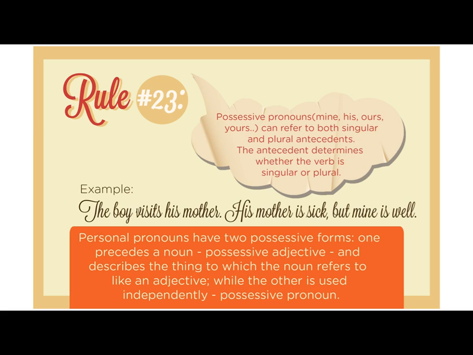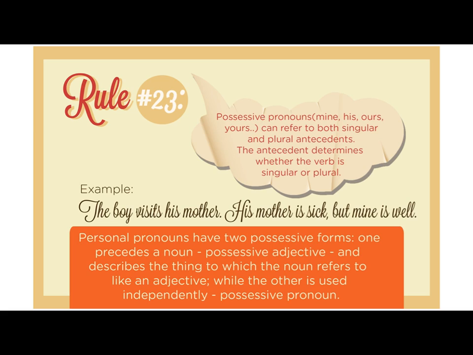Next rule. Possessive pronouns mine, his, ours, yours can refer to both singular and plural antecedents. The antecedent determines whether the verb is singular or plural. For example, the boy visits his mother.